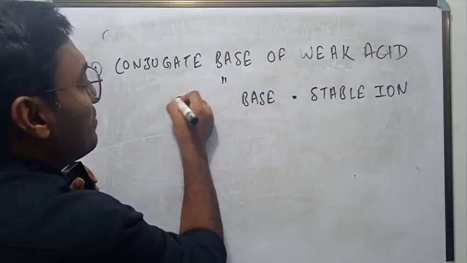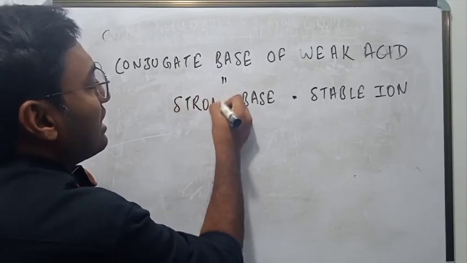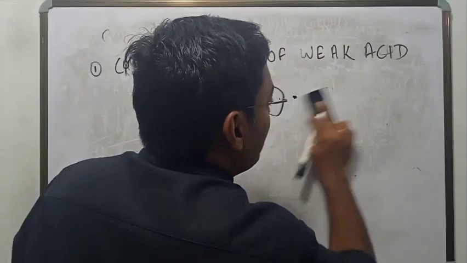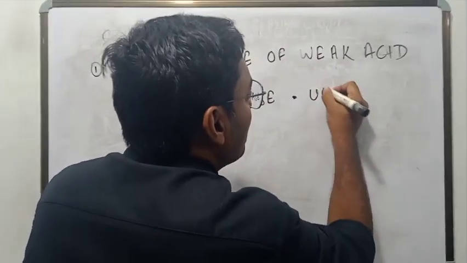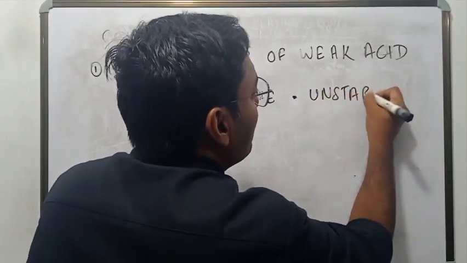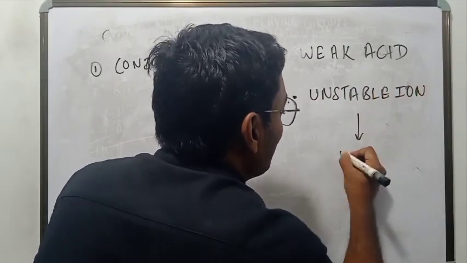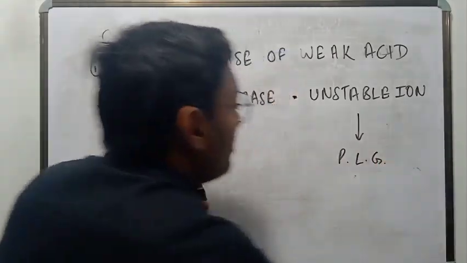It will be a strong base. That means the ion will be unstable, and that would make it a, what would it make? Poor leaving group.